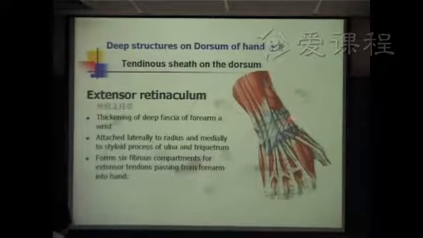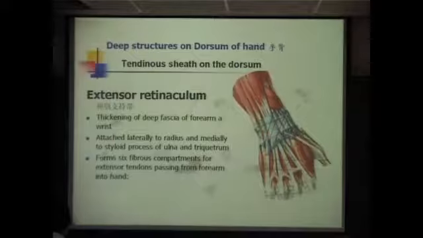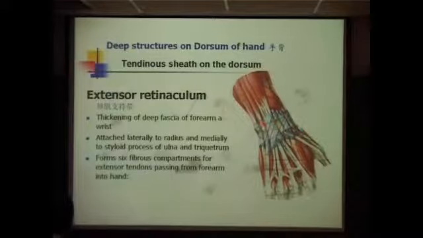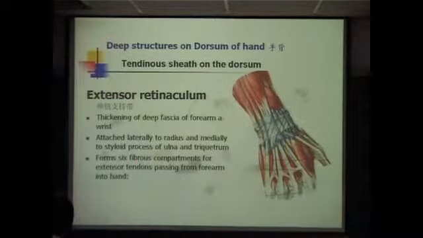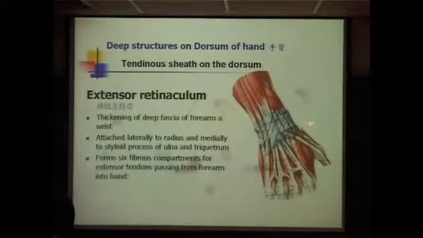The tendons are separated into 6 compartments. 1, 2, 3, 4, 5, 6 compartments. These are called fibrous compartments for the extensor tendons to pass from the forearm into the hand.